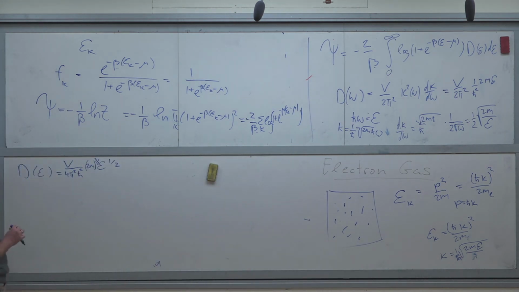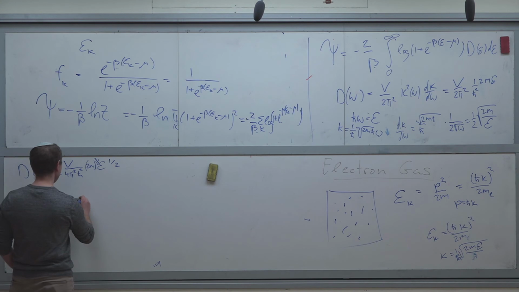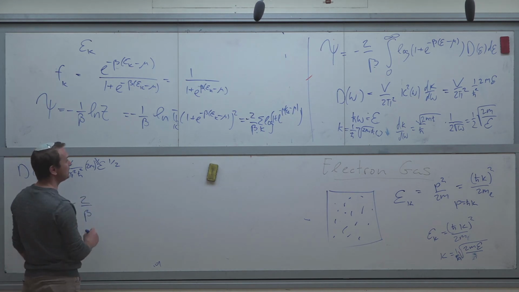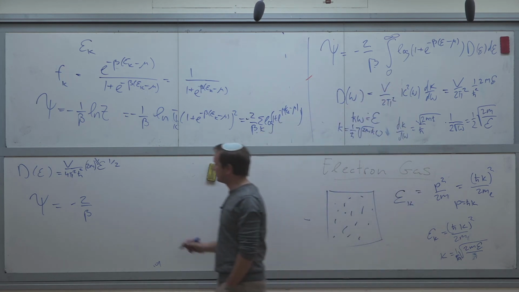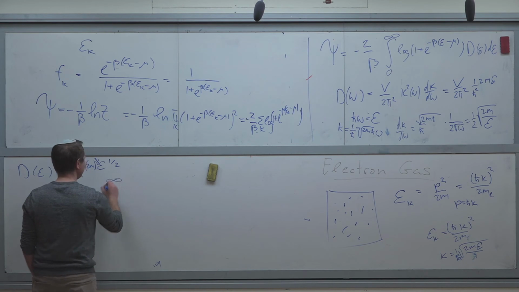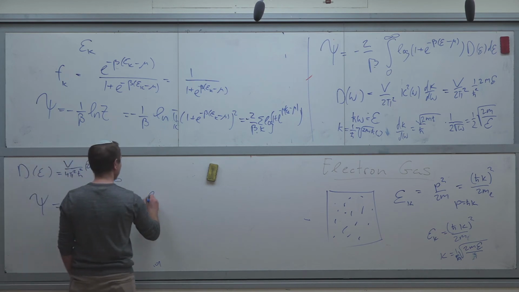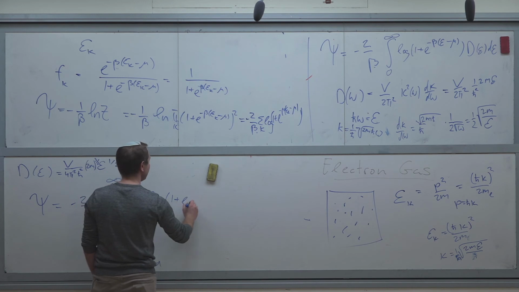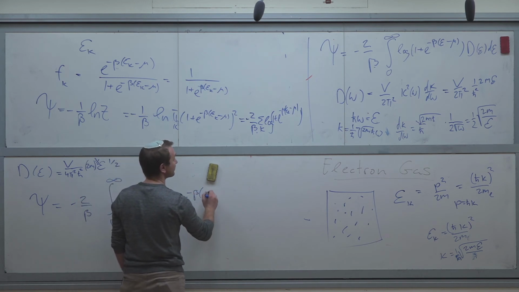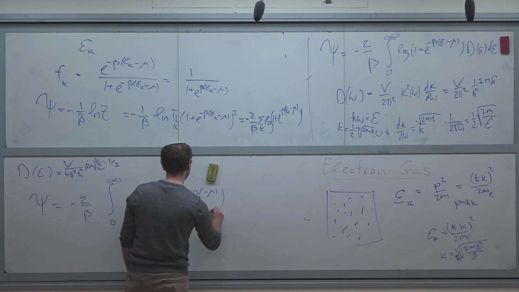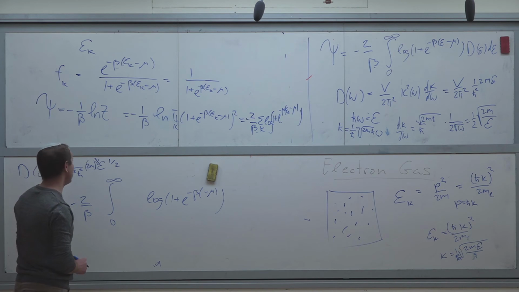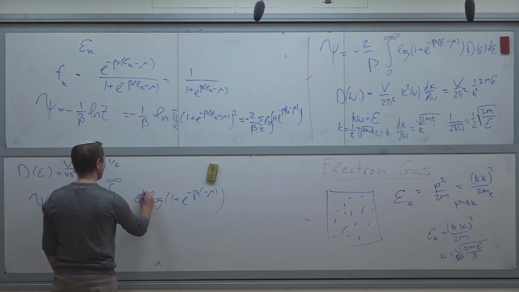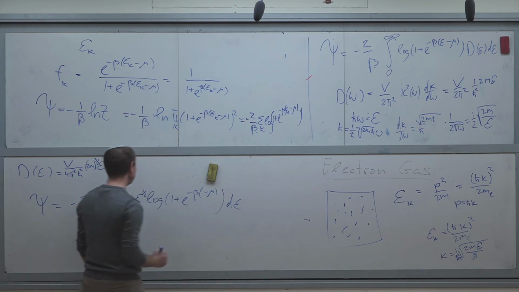So what we have eventually is that psi equals minus 2 divided by beta. Instead of this, we have an integration from 0 to infinity of a log of 1 plus e to the power minus beta (epsilon minus mu), and here we will put epsilon to the 1/2 d epsilon.